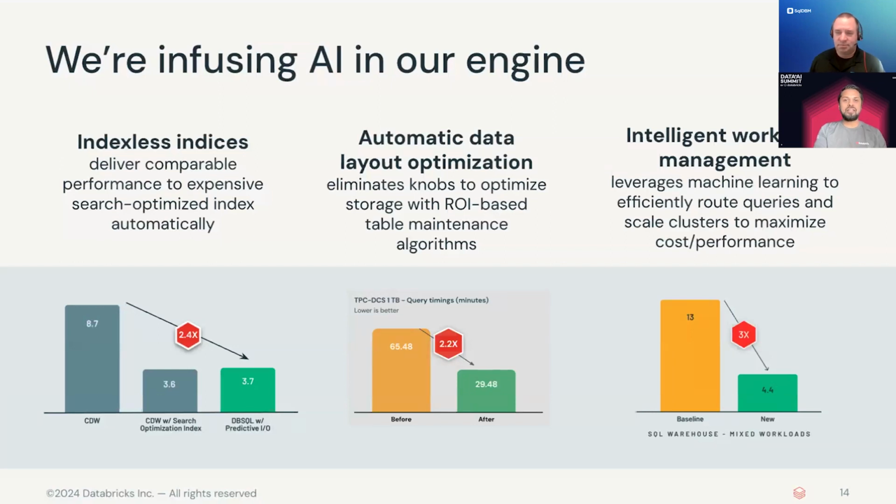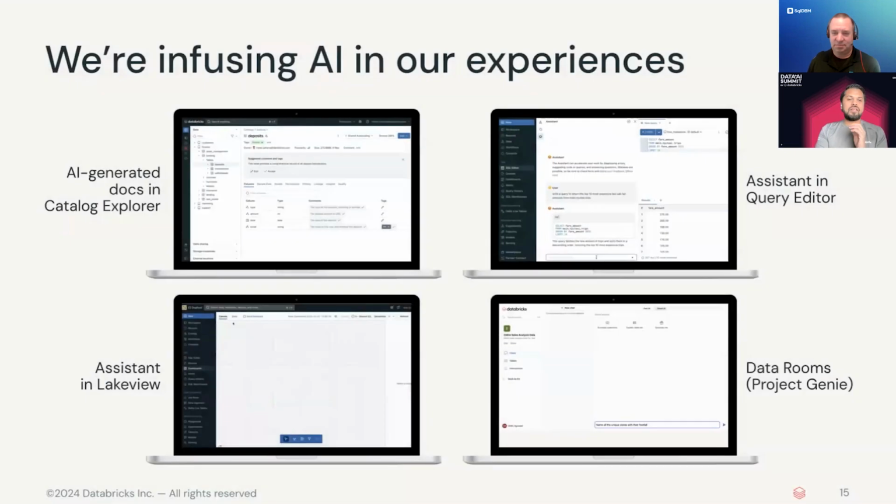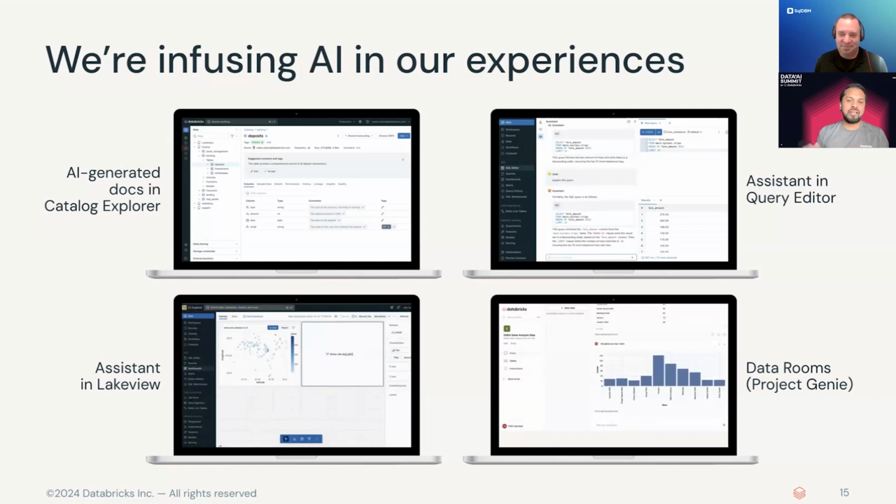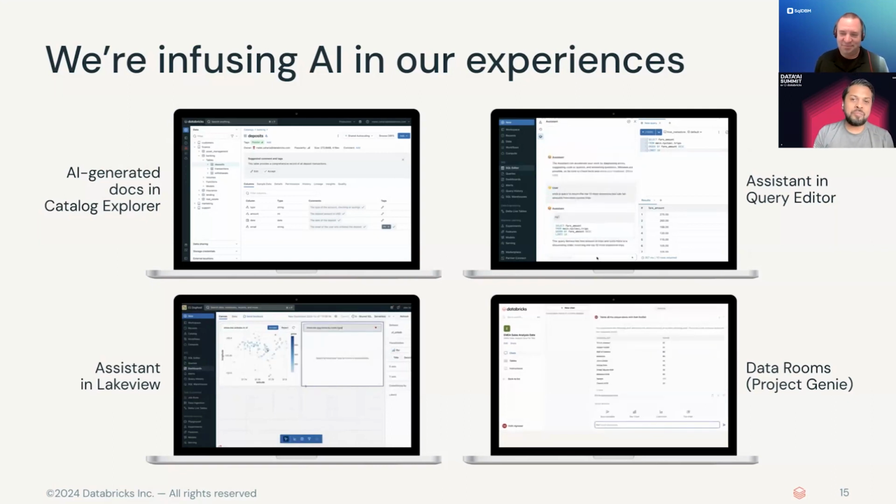And interestingly, there are small models running in the back which will predict what is happening next, and it will manage all your serverless workflows. Right? So we are infusing AI into everything. So you can manage your cost, right? You can manage your docs in Unity Catalog. You can build a dashboard literally by asking a question in natural language.